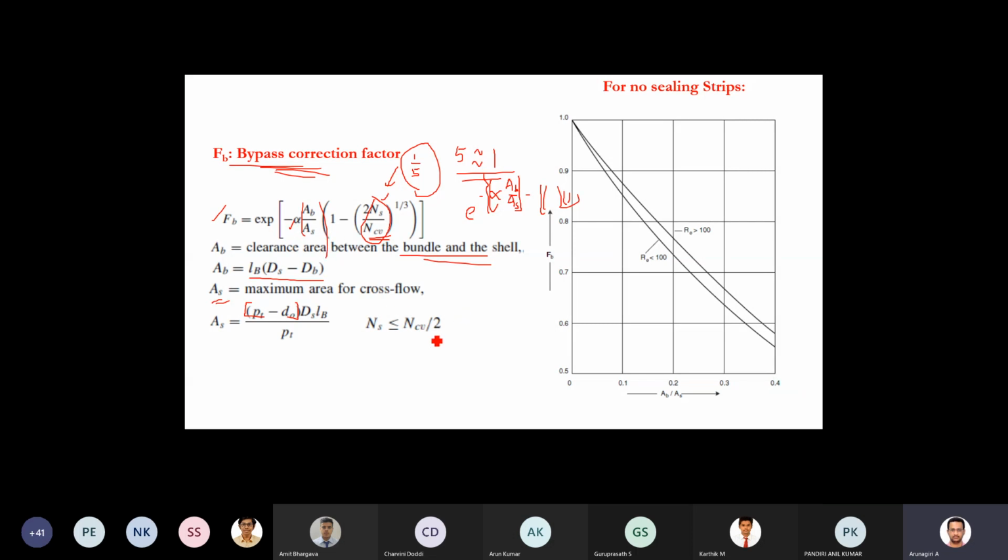So this alpha is normally calculated using the expression. Yeah, alpha is a function of your Reynolds number.